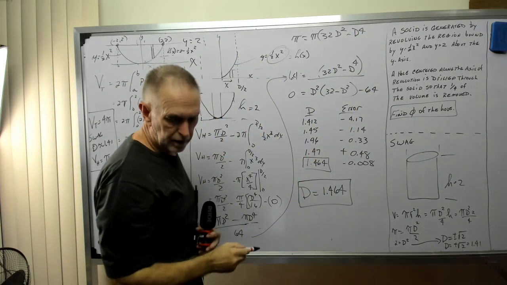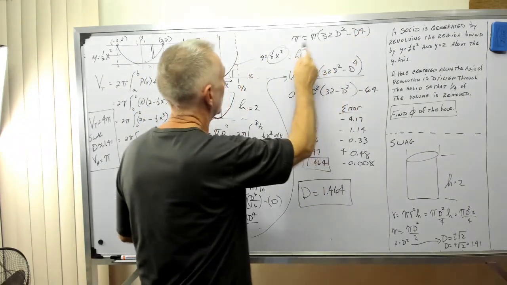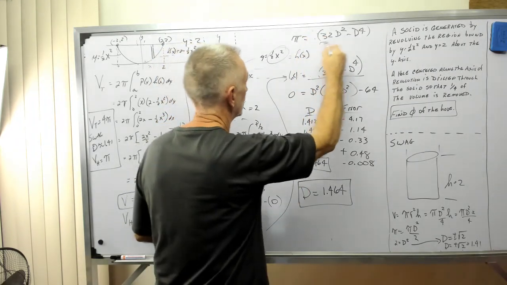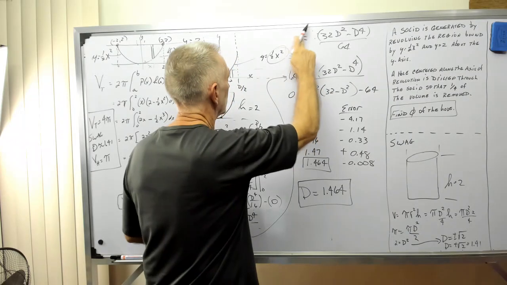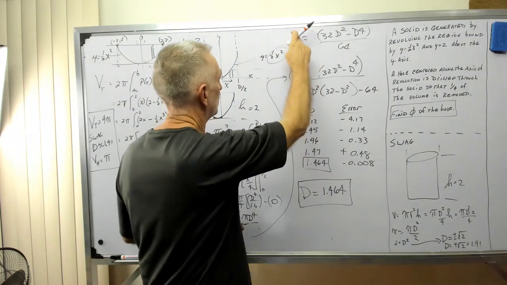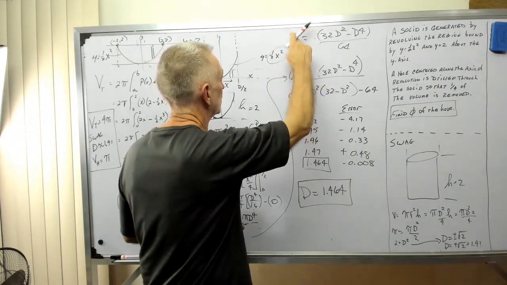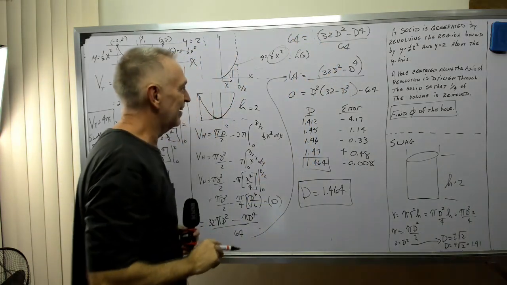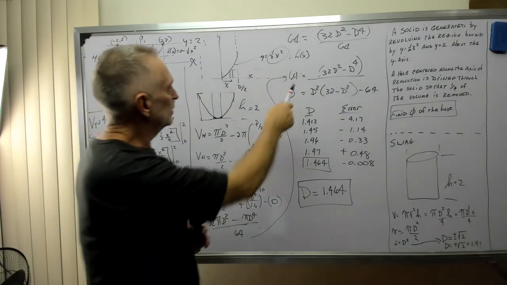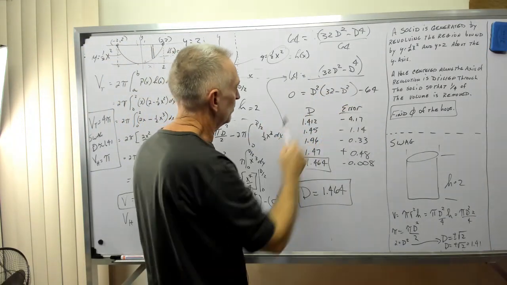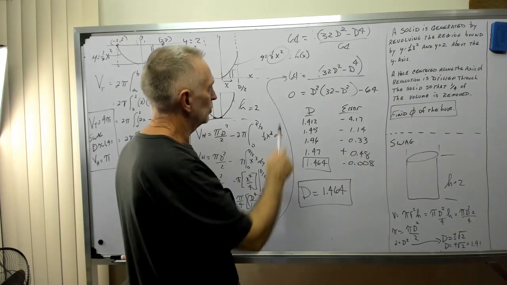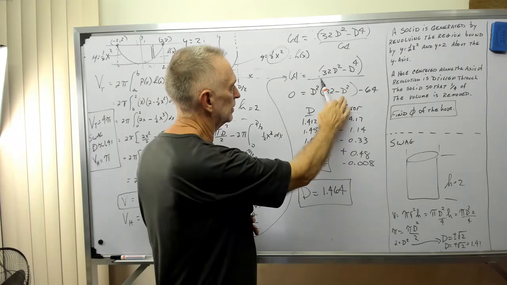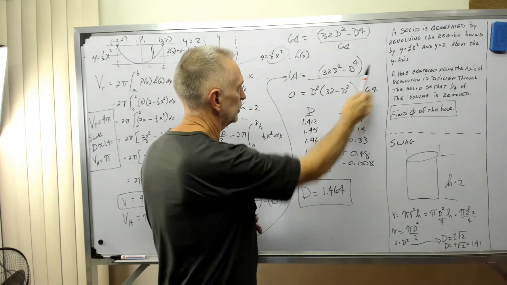Can you see that? Okay. If I divide both sides by pi, pi divided by pi is 1. 1 times 64 is 64, which brings us to this point right here. So I just moved the 64 and subtracted it from the other side. So 0 equals d squared times the parentheses of 32 minus the diameter squared, close parentheses, minus 64.